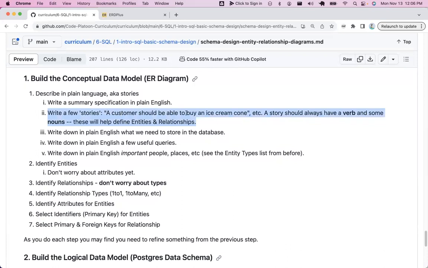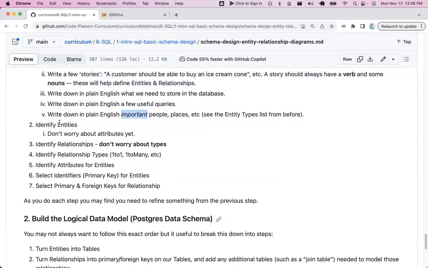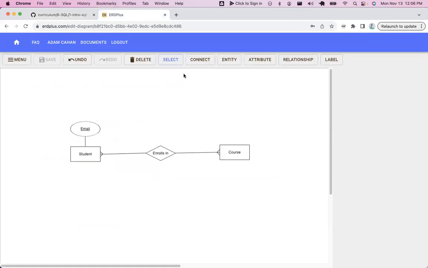A story should have a verb and some nouns, right? And that's like our entities and our relationships. Write down what you need to store in the database. Write down in a couple sentences what we want to find. I want to be able to find how much ice cream was sold on a particular day. So this is sort of exploratory. Identify our entities, put them on the diagram.